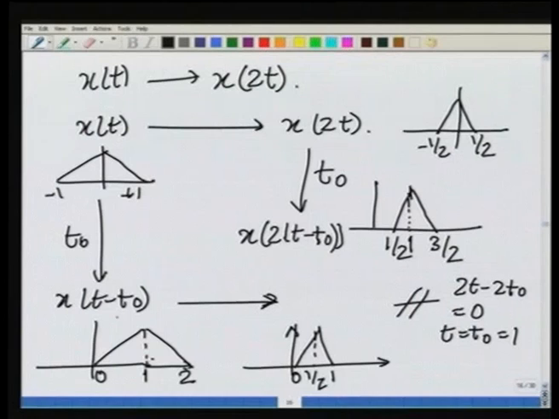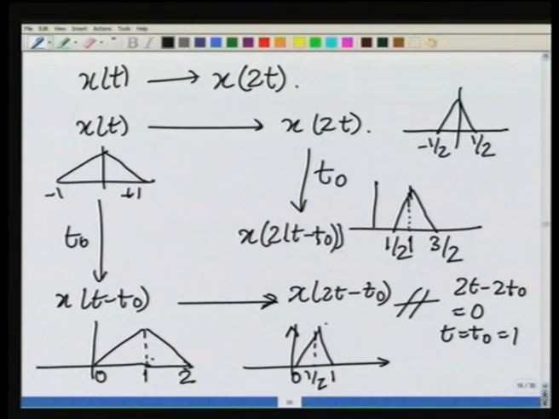On the other hand, if we come through this branch, we have x of t minus t naught already available here as the time shifted version of the input. Now, here we apply the system after the delay of t naught. So, what we will get here is x of 2t minus t naught, and you can again verify that this diagram is the correct one by looking for the position of the peak.